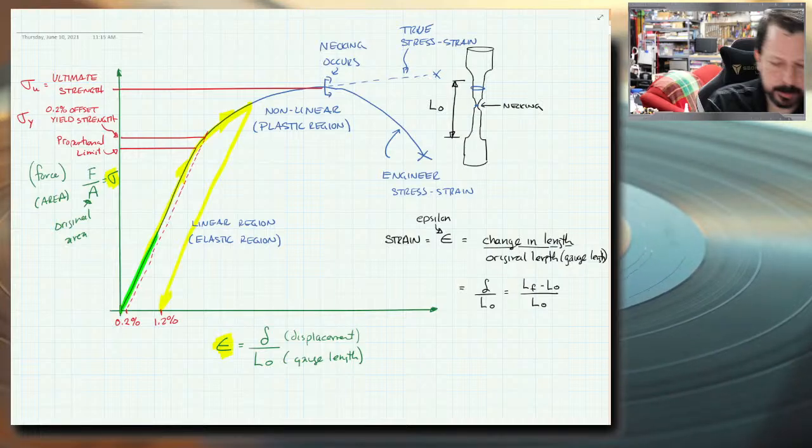Sometimes you do that on purpose. Sometimes you intentionally move things past their yield point because now, look at the yellow line. The next time I load this piece, it's going to go from here up, and it doesn't change shape until a much higher point now. It has a new, much higher plastic region.